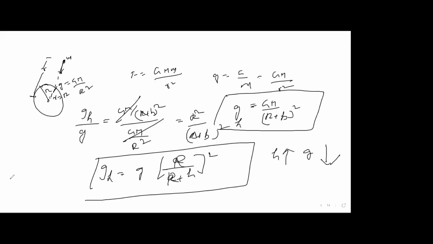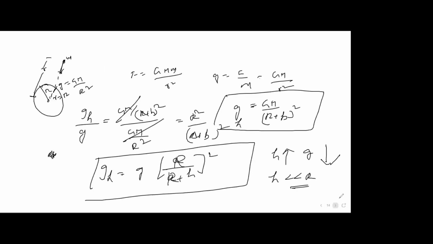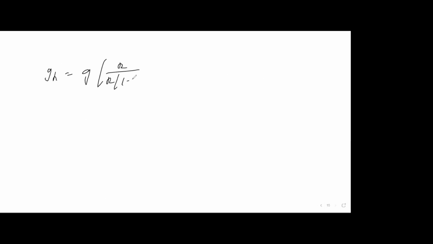And we make a small approximation here. What approximation? When height is very small compared to the radius of the earth, we use the binomial expansion. gh is equal to g into R by (R plus h), squared. Take R common in the denominator: 1 plus h by R, whole square. This gets cancelled, so g into (1 plus h by R) whole power minus 2.